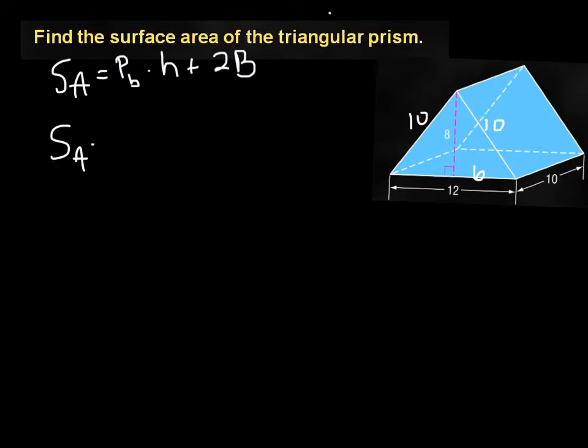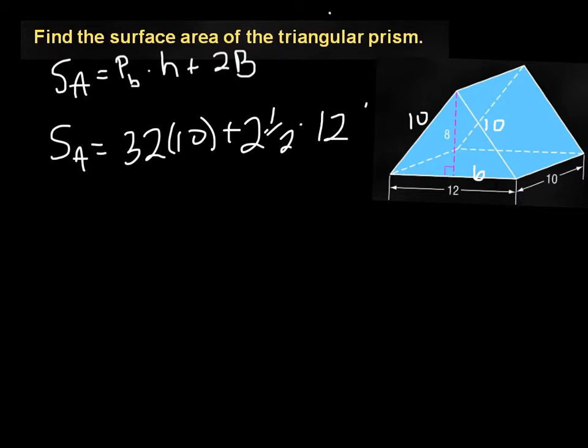So our surface area is going to equal the perimeter of the base, which is going to be 20 plus 12, so 32, times the height, which is the other dimension, 10, plus 2 times the area of our base. It's a triangle, so it's going to be 1/2 times the base of the triangle, 12, times the height of the triangle, 8.